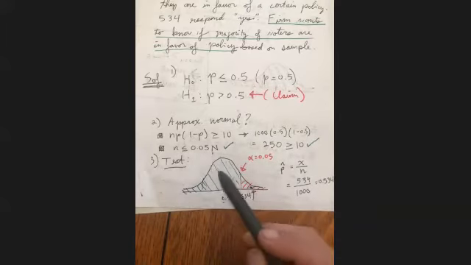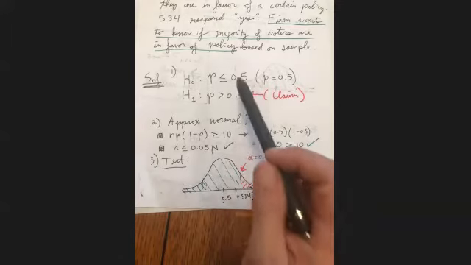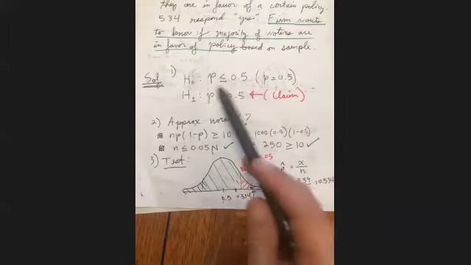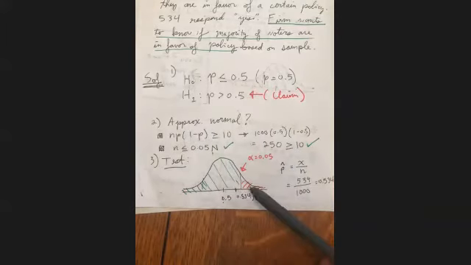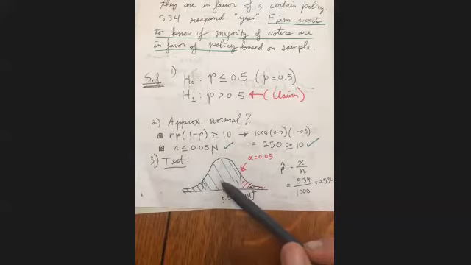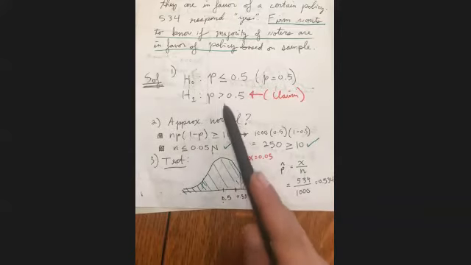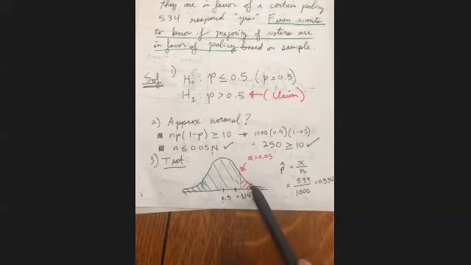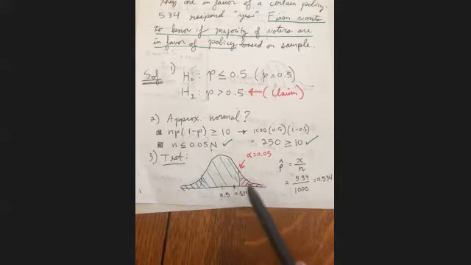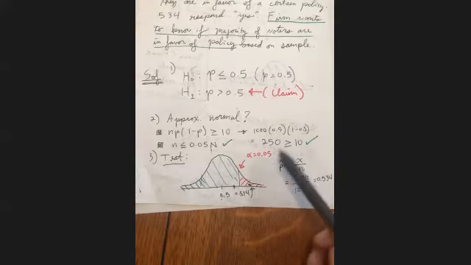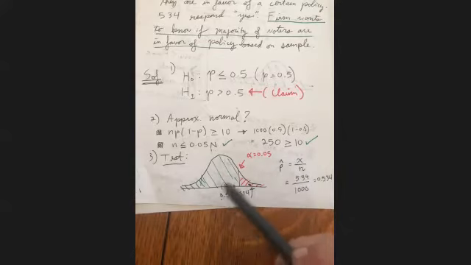In the test, according to the alpha value and the hypotheses, we determine what the rejection region is and what the fail to reject region is. Since there's a greater than, we know the rejection region's on the right, and the alpha value will tell us where the cutoff point is for that rejection region. Where does it start? Our main aim is to figure out whether the sample proportion is far away or close to the proposed population proportion.